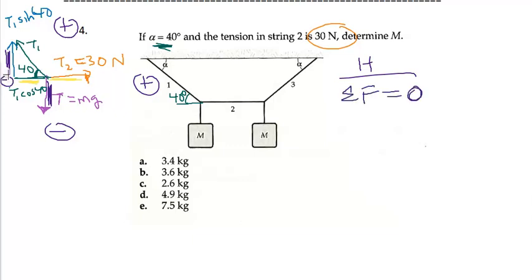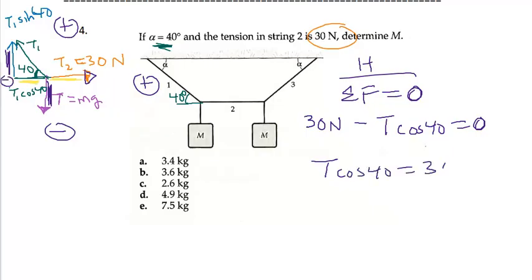Sum of the forces add to zero because the forces are balanced. Equilibrium. We have 30 newtons pushing to the right, so that's positive. We have only part of T1 pushing left. So T cos 40 equals 30.